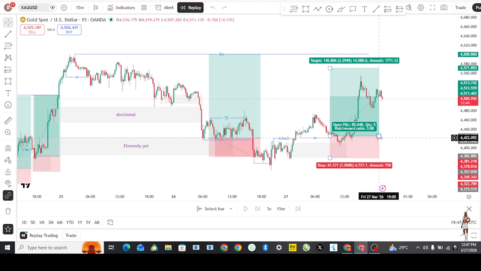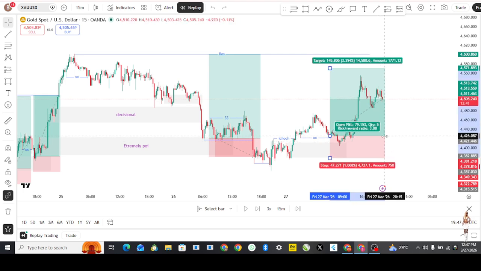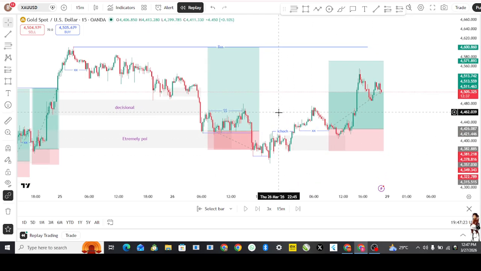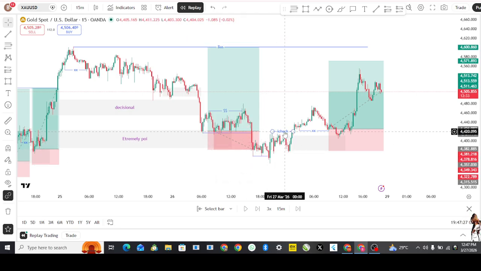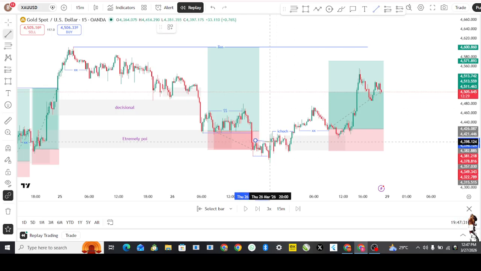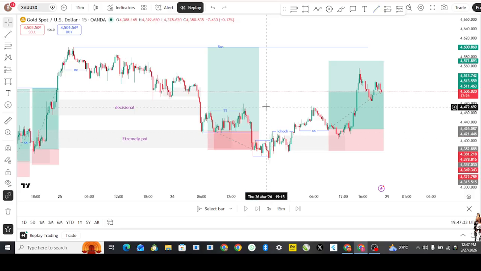Wow, so this is where the market is currently. I think we caught this move. Even if you look closely, we have a valid pullback at this point, which gives us an internal change of character with a sweep.